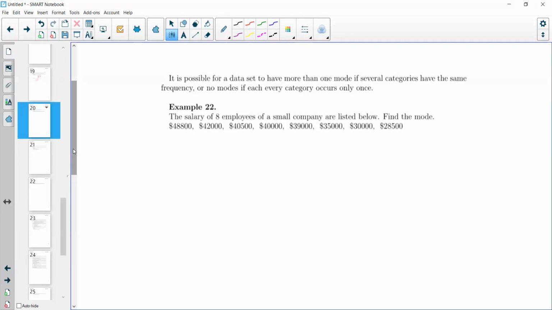I don't think so. So there is no mode. And should you come across a test question that asks for a mode when there is no mode, please point out that there is no mode.